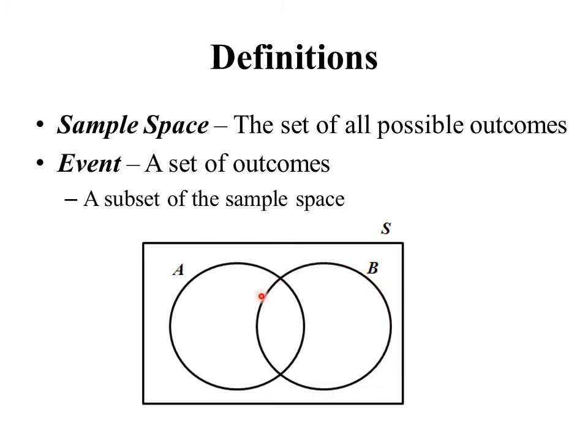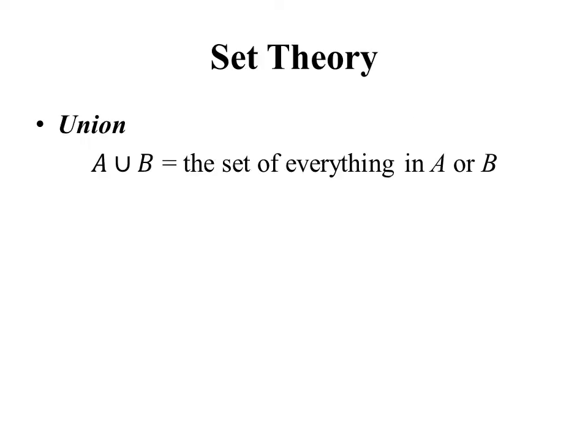Here's another event, call it B. It's another set of outcomes, or another subset of the sample space. Maybe sets A and B overlap like this, maybe they don't overlap. There's lots of different ways we could draw this picture. But here's a simple Venn diagram that illustrates our sample space and then two different events inside of that sample space.